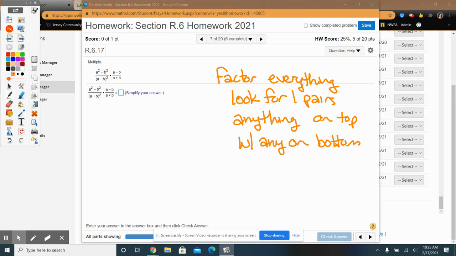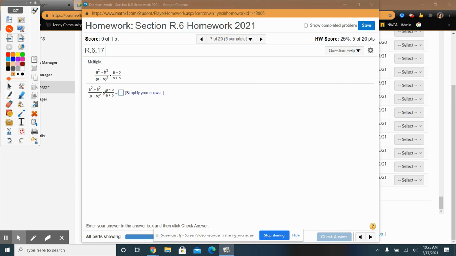Right. Well, first let's factor. First, let's talk about it. Yours will be similar to mine. This is the difference of two squares. A squared minus b squared can be factored to a minus b times a plus b. You can't do anything until you factor.